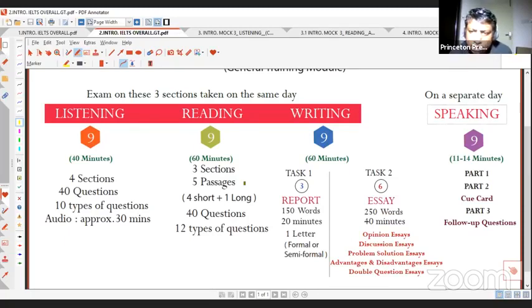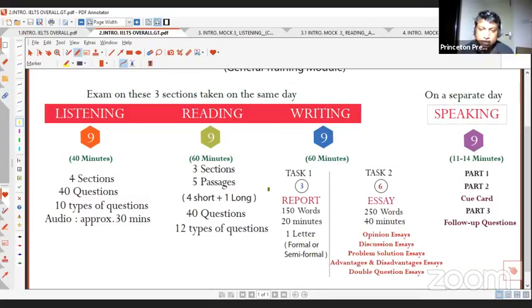Task 2 is the same for academic and general. Task 1 should be a 150-word essay in 20 minutes.